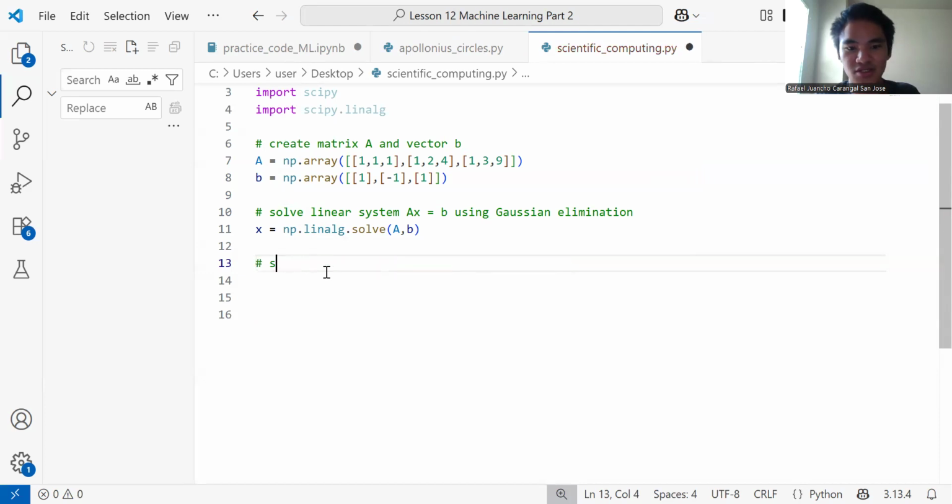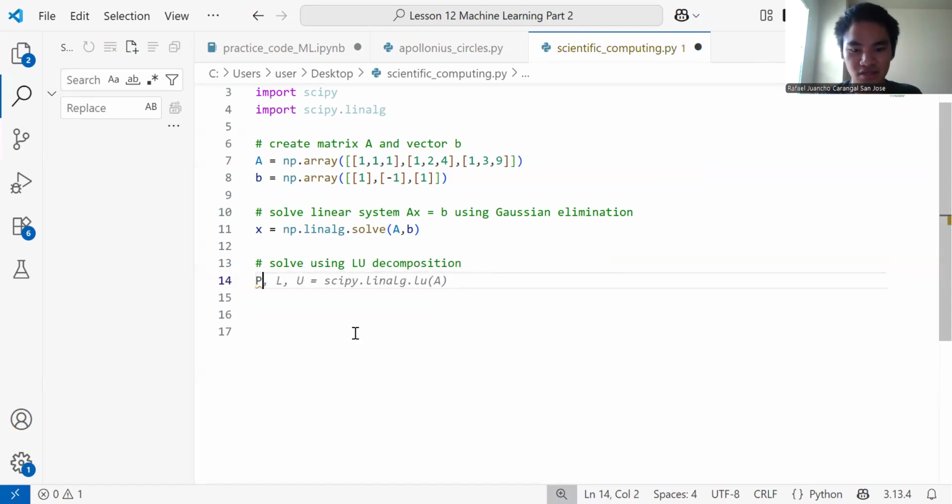Let's also try solving it using an LU decomposition. Copilot's suggesting it. So that was Gaussian elimination.